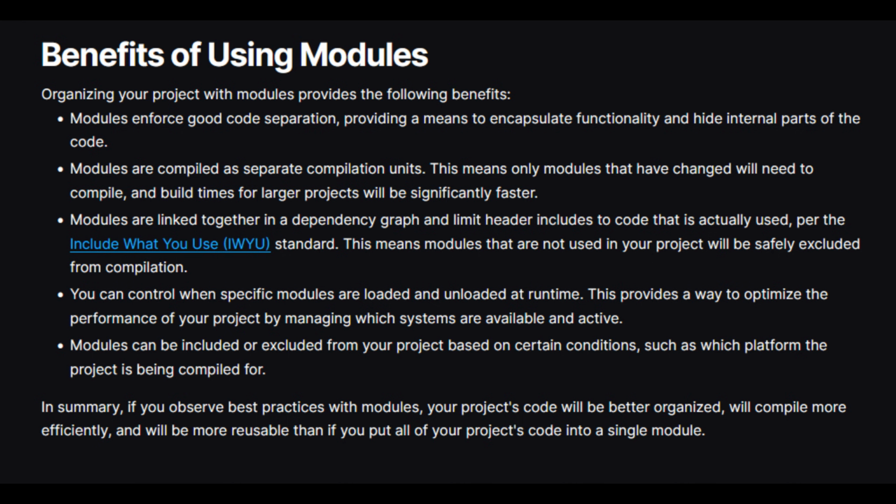Now, with multiple modules, only the code you're currently working on needs to be recompiled. So right now in my project, I only have technically 3 modules. I have the core module, the character module, and my core data module. But once I'm done working with the character module, and next episode's going to be working on the inventory module, I don't need to rebuild that character module until I make a change to it.